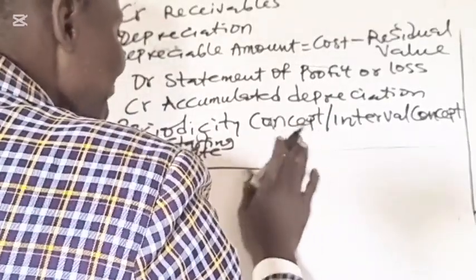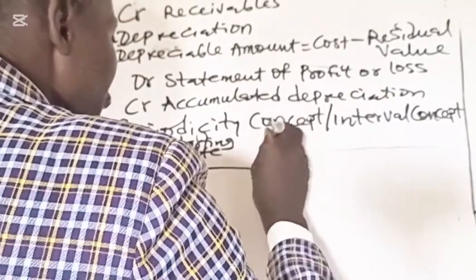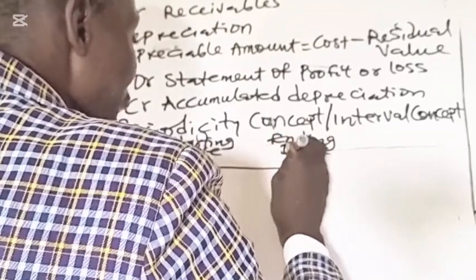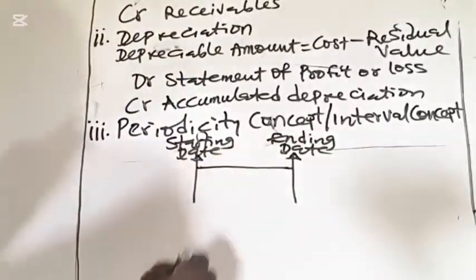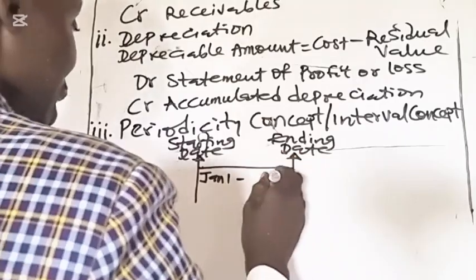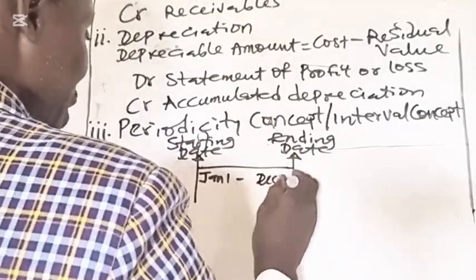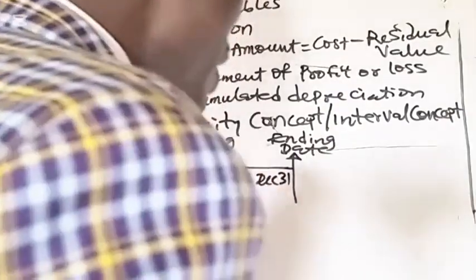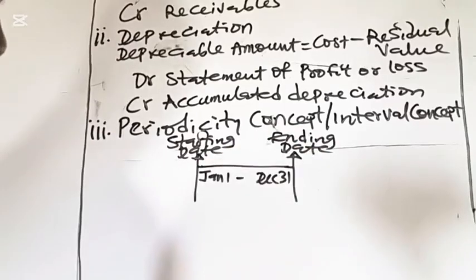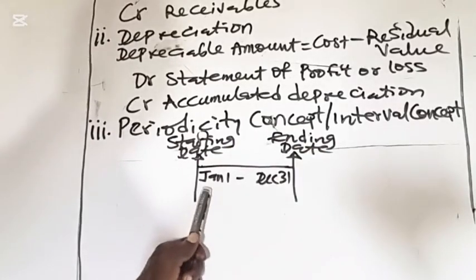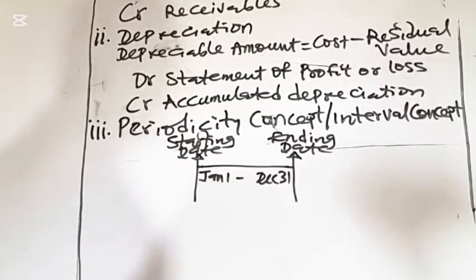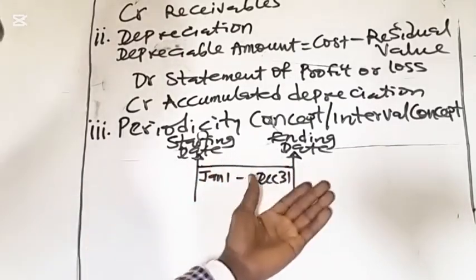This is the ending date, where the accounting period ends. This start date may be January 1 and the end date December 31st. Or it may be July 1 to June 30 of the following year, or April 1st of one year to March 31st of the second year. So it depends on the accounting period.